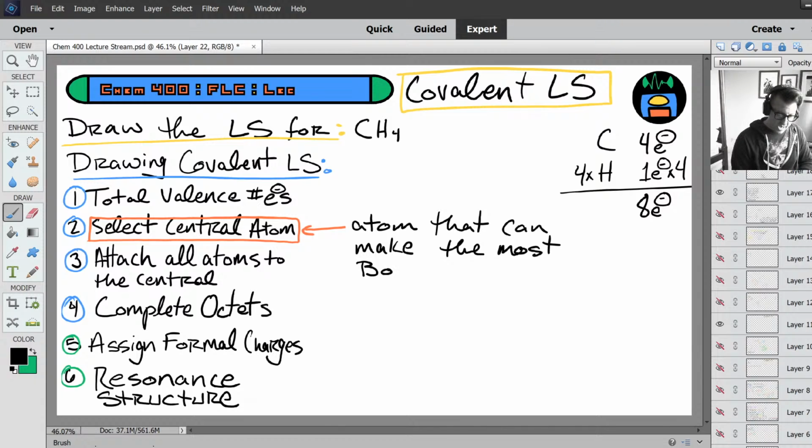And another way you can look at that is by looking at the Lewis dot structure for the atoms in your molecule.